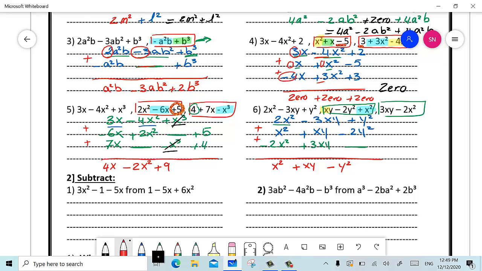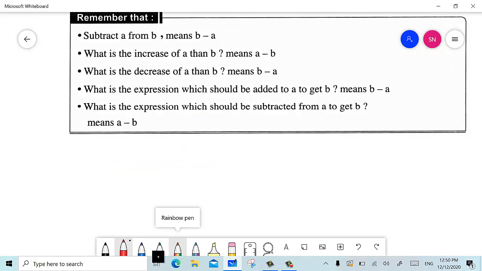Let's go now, and I want to remind you of something before we go and see the subtraction. Do you remember when we said that when we were adding and subtracting terms, if I told you subtract a from b, this means that I'm doing b minus a, because I'm always taking from the bigger, so subtracting from b means the large one is what I'm going to take from, so it is b minus a.